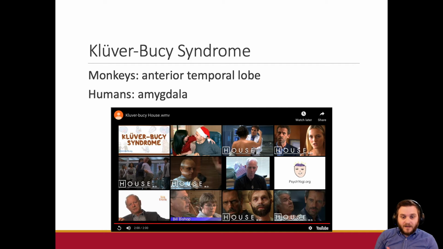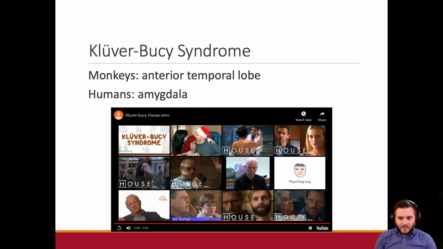So among the issues that humans have when the amygdala is lesioned, and as you heard from the character in the House clip, he specifically said lesions to the temporal lobes. I know he doesn't say anterior temporal lobes, but that's essentially where he was pointing. So visual agnosia, we've discussed that already.